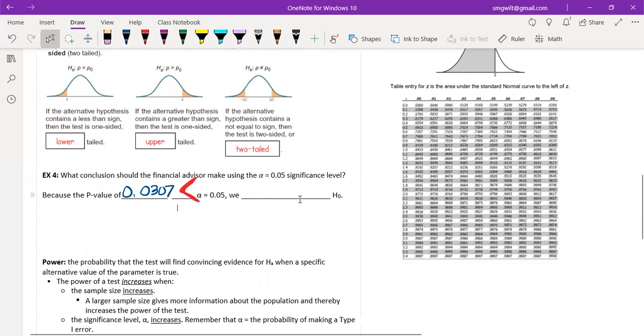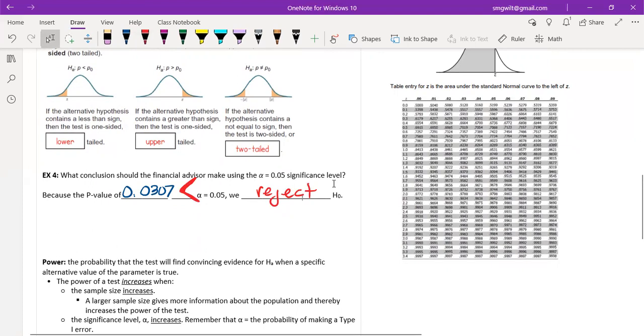Remember that if that number is less than alpha, we are going to reject our null hypothesis. Okay, so that means that the true proportion being 0.7 is false.